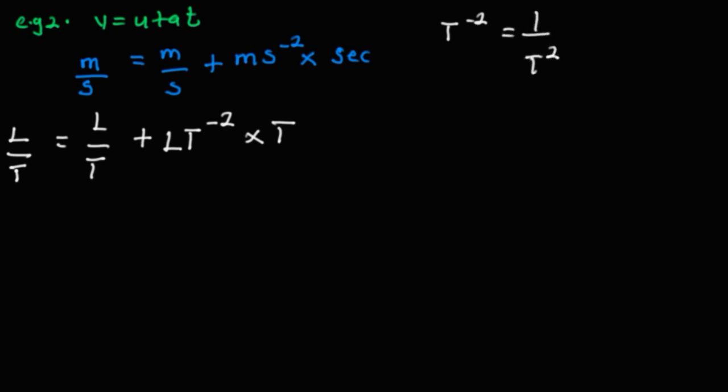So we bring these principles in here, or the mathematics we've just done, and this is what we get. We're going to have L over T is equal to L over T again, plus L times 1 over T squared.